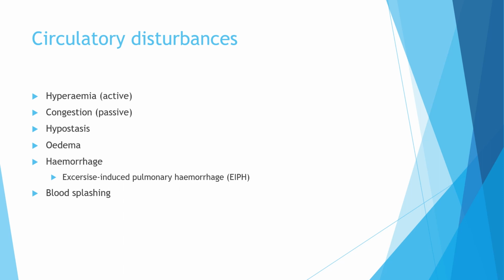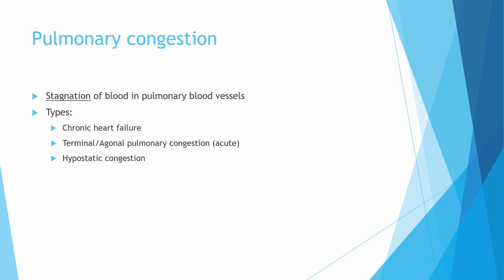Whether it's a stagnation of blood and then being congestion, or it's because of inflammatory mediators, the blood is being pulled into that area. And as I mentioned already, stagnation of blood in pulmonary vessels is basically a definition of pulmonary congestion. And there's different types of causes as listed below.